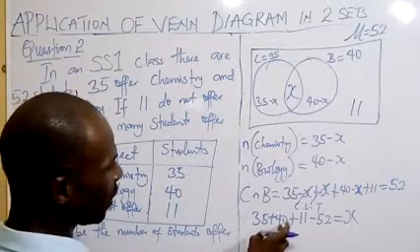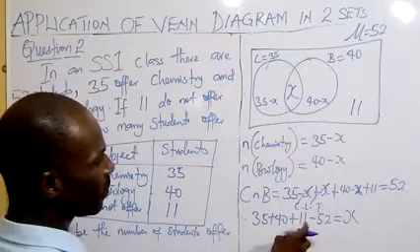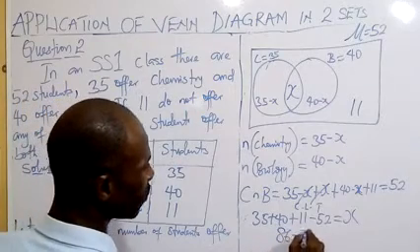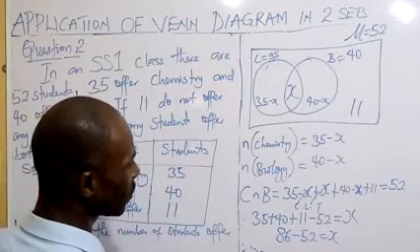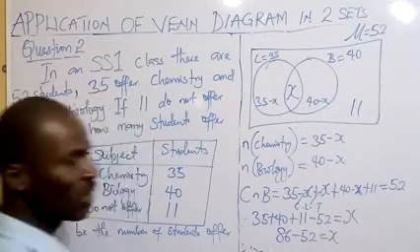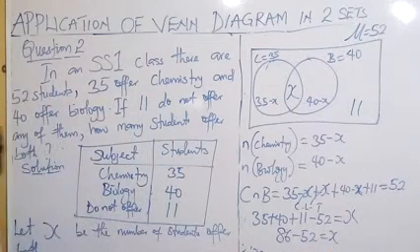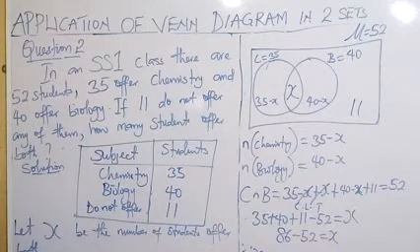So 35 plus 40, we have 75, 85, 86. We have 86 minus 52 equals X. So therefore, X equals 34. The value of our X equals 34.